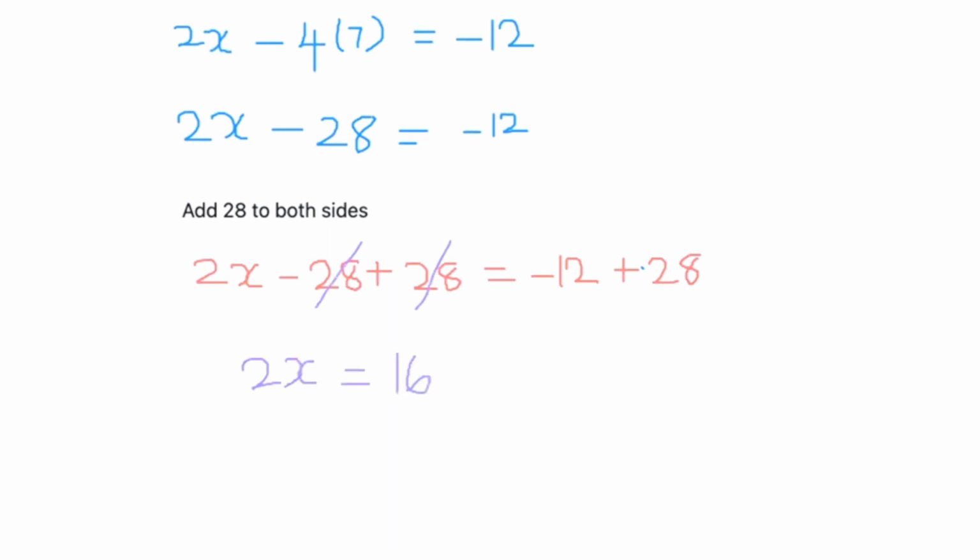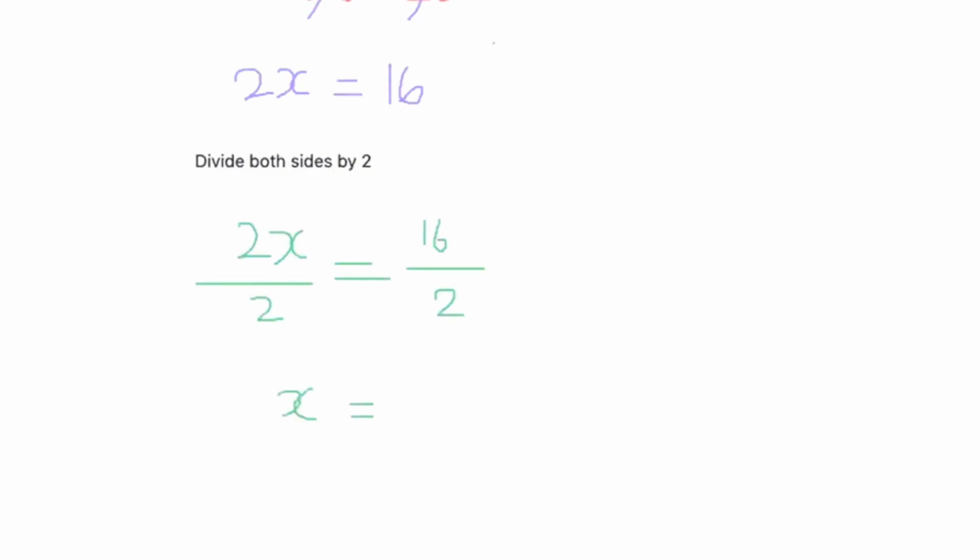Now again, we have to divide both sides by 2. 2x is equal to 16. We are dividing both sides by 2. 2 and 2 will get cancelled, and 2 times 8 is 16. So x is equal to 8 is the answer.